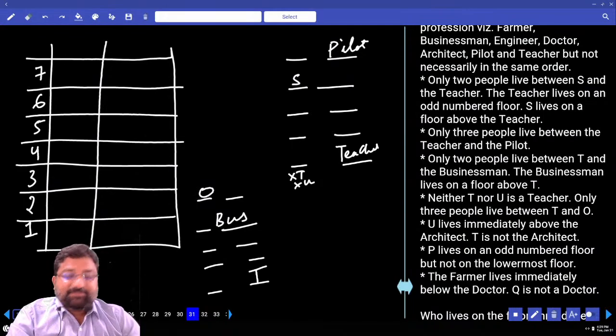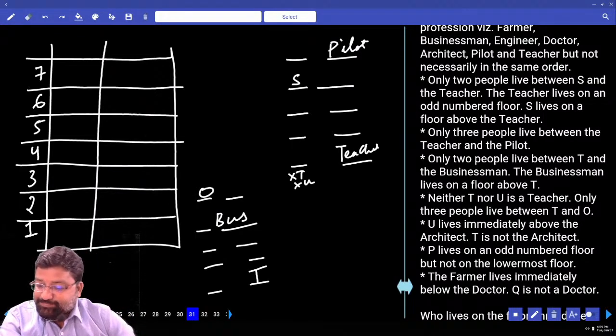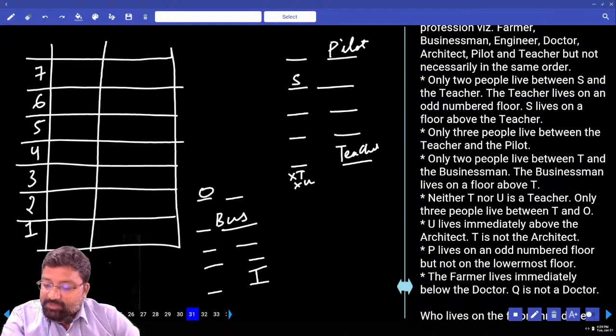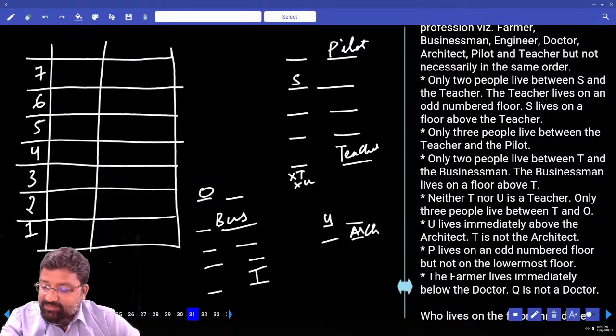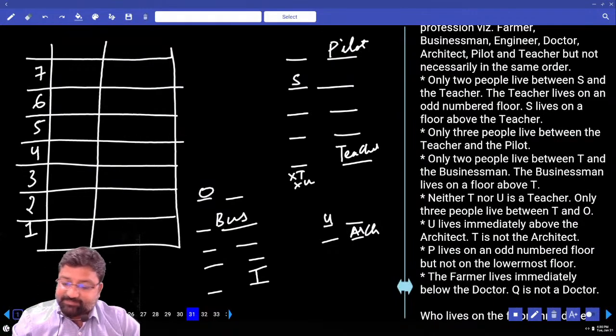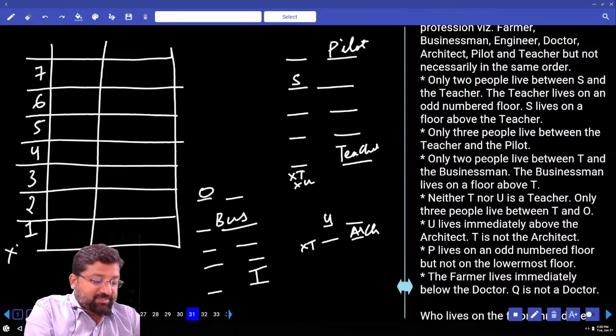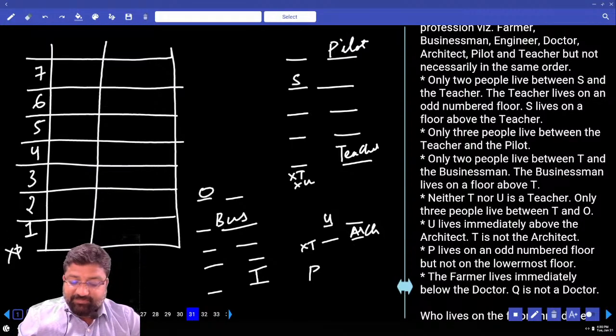Next, U lives immediately above architect. T is not the architect. P lives on odd number floor but not on the lowermost floor. This is not P, but P is living on which floor?